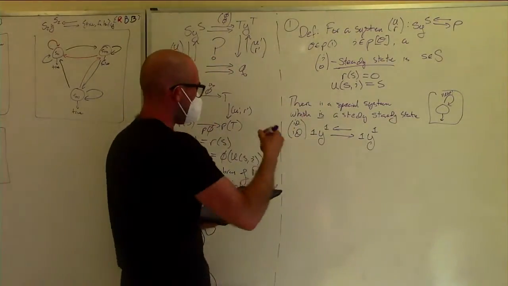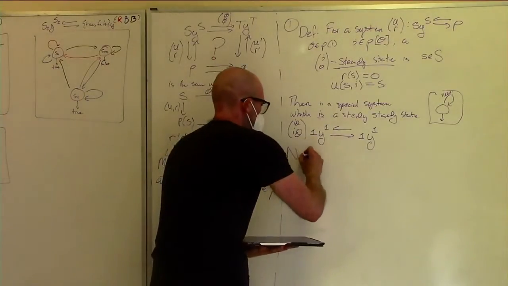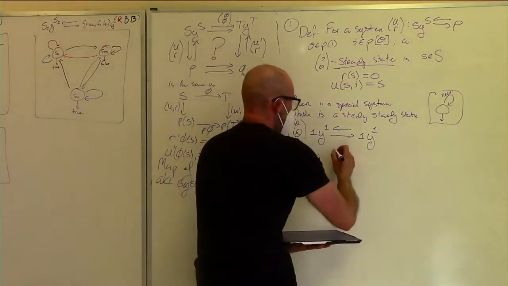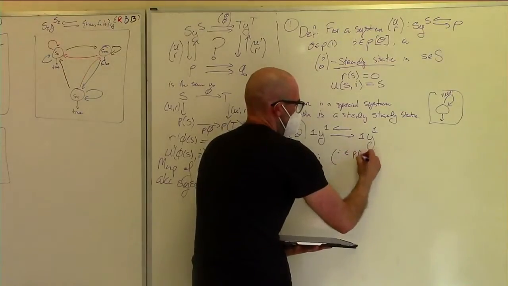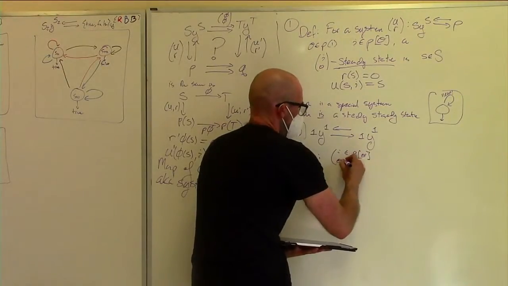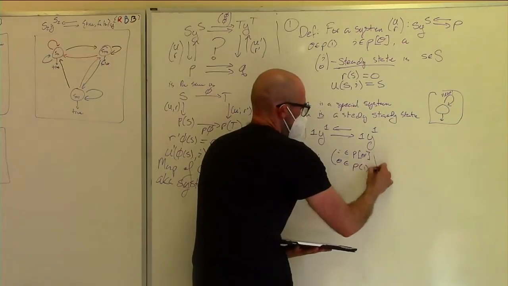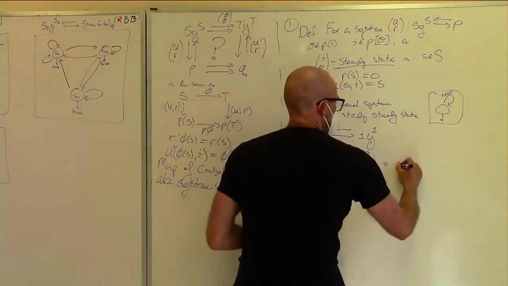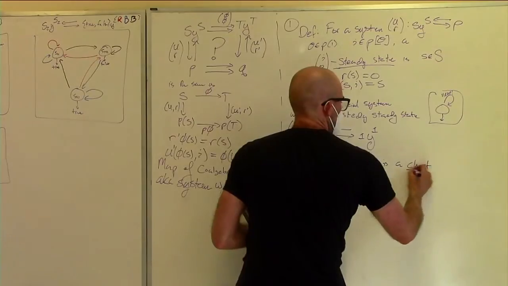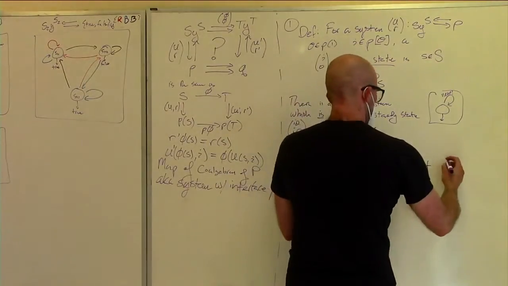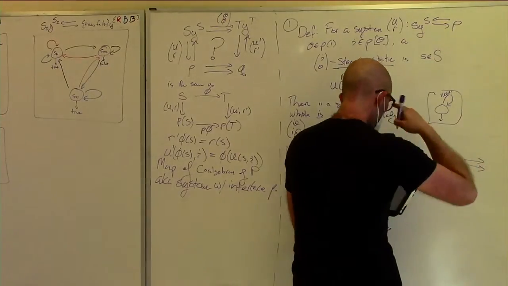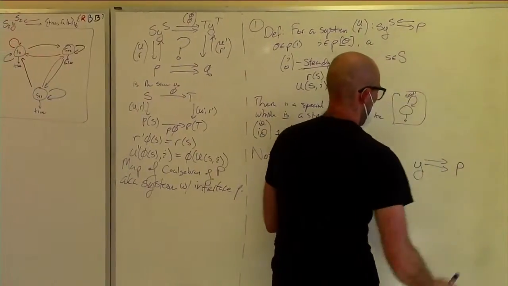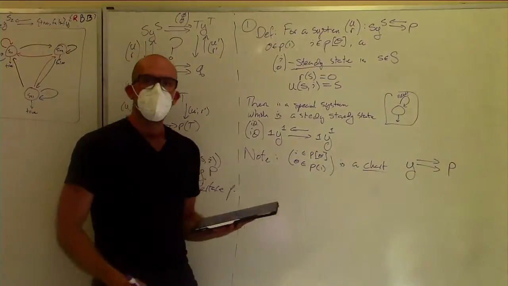So first, let's note this. Note, the pair I in P over O, and O in P of 1, is a chart. And the chart goes from Y to P. So why is that?